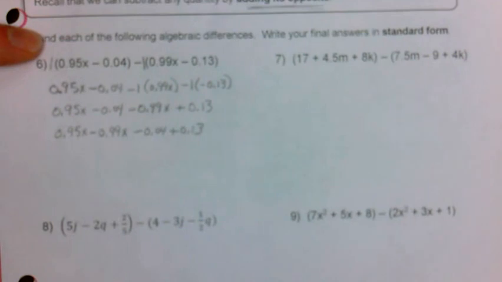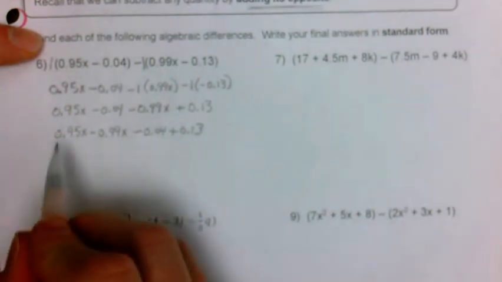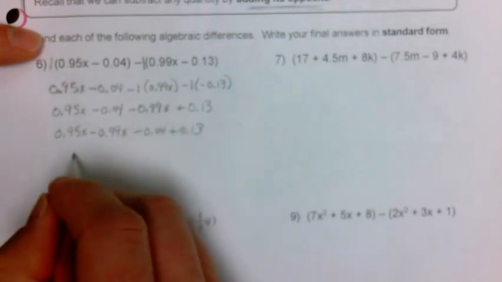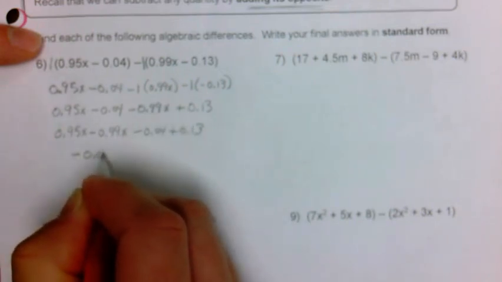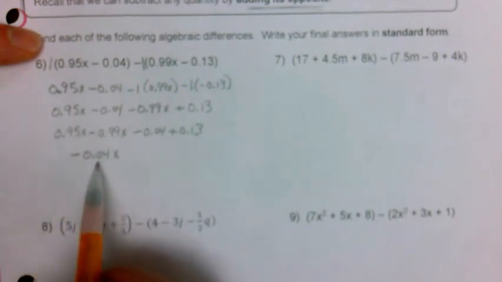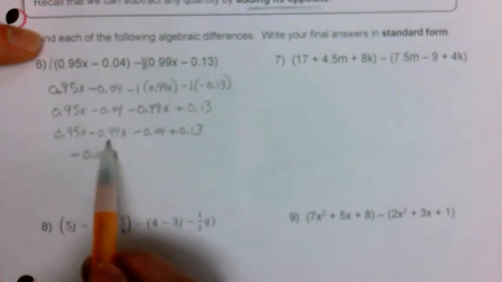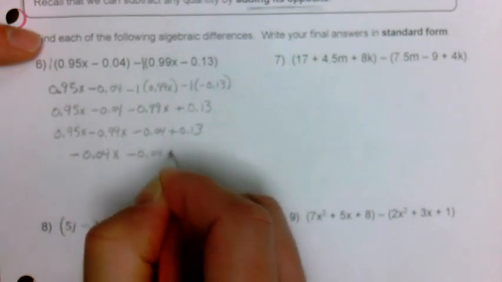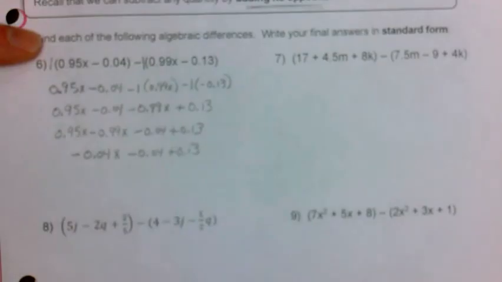And now we can combine our similar terms. 95/100x minus 99/100x is going to be negative 4/100x. The signs were different, so I subtracted the absolute values to get the 4/100x, and it's negative since negative 99/100 has the bigger absolute value. Minus 4/100 plus 13/100.